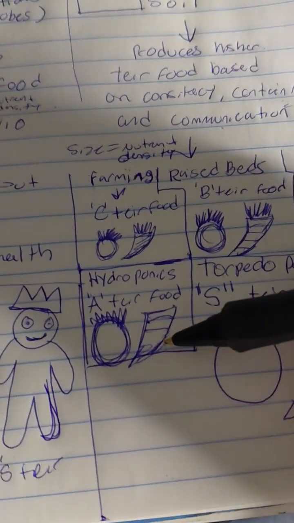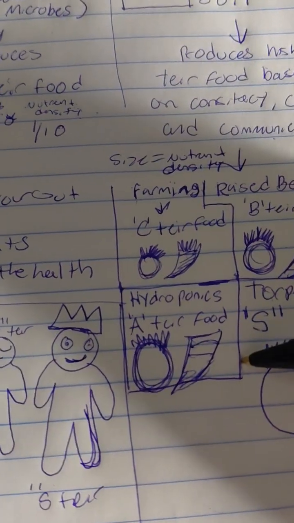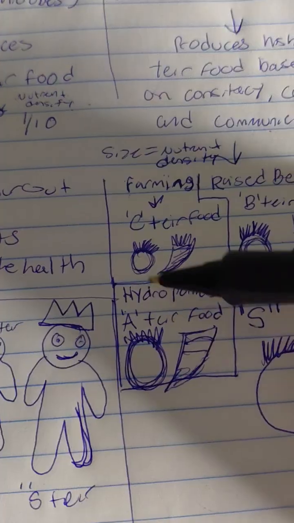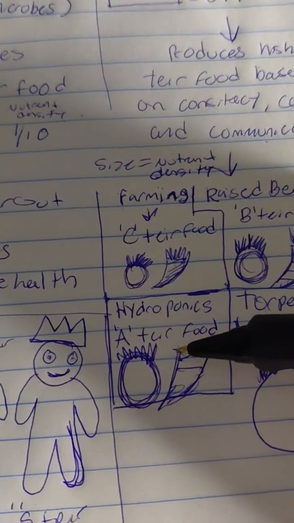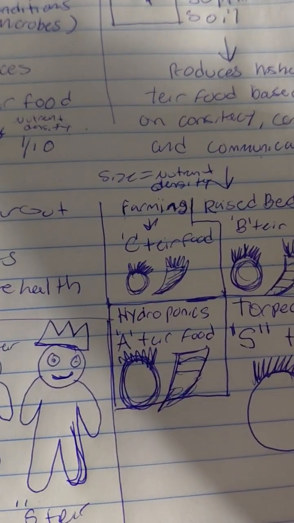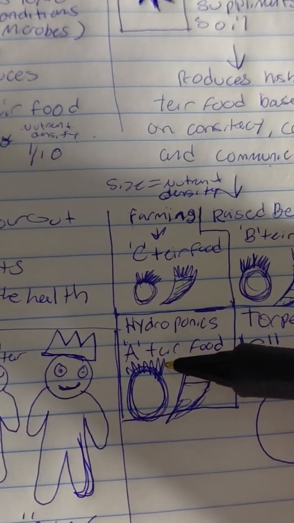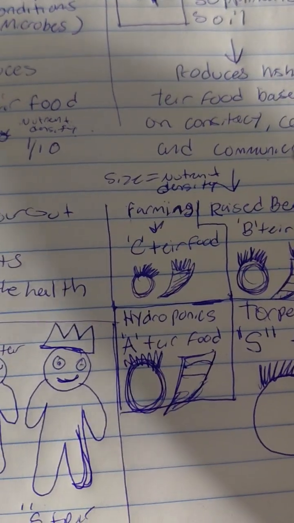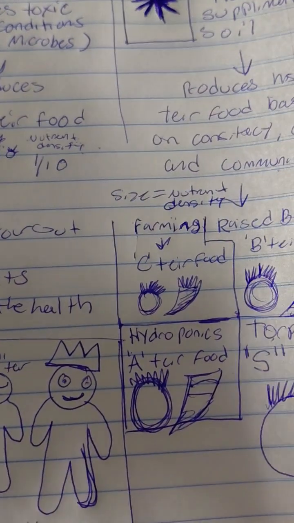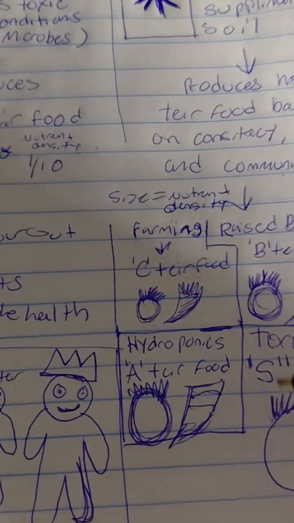And then we have hydroponics. Hydroponics is a growing system where plants are grown in water, and a nutrient solution runs through the roots. This creates A tier food. Even though there's no containment in the sense of a pot, it only comes to A tier because with communication, you have to have soil to really develop microorganisms.